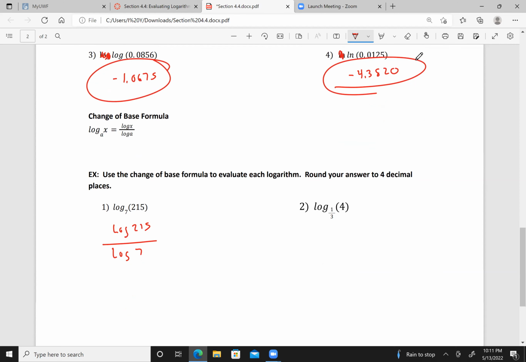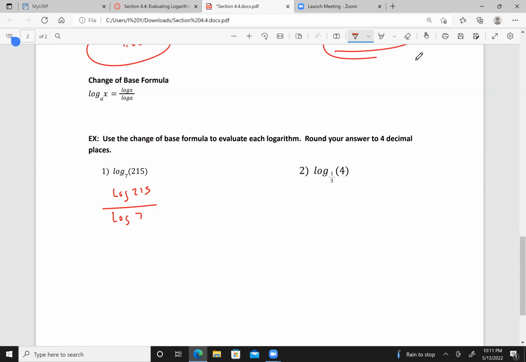Now, you hit your log button. Calculator will do this, and I'll open a parenthesis. Key in your 215. Don't forget to close the parentheses. Then hit divided by, hit your log again.